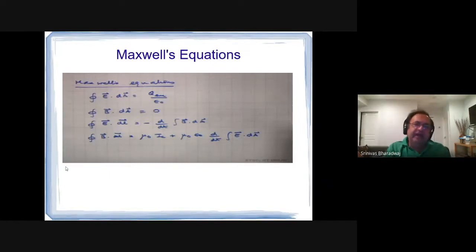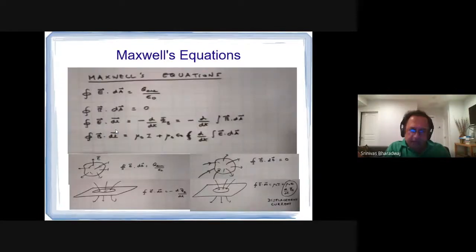So that is how these Maxwell's equations are usually quoted. They are quoted as straightforward partial differential equations.